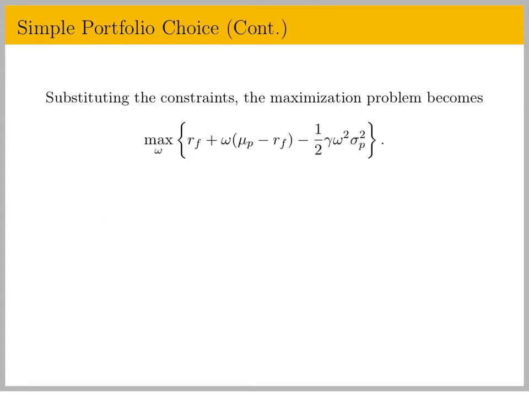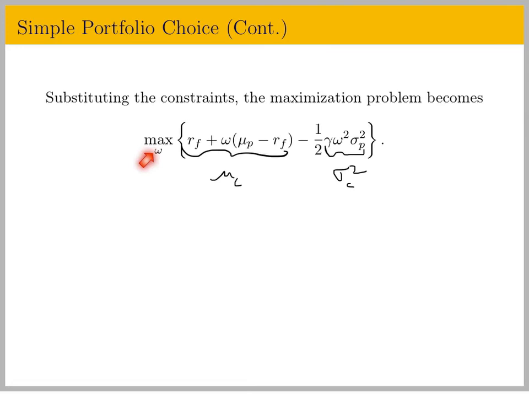What we can do is simply substitute those two constraints into the objective function, which is the utility function. Here we've substituted in for mu sub c, and here we've substituted in for sigma sub c, squared. Now, since we've substituted in the constraints, we can maximize this objective function in an unconstrained fashion.